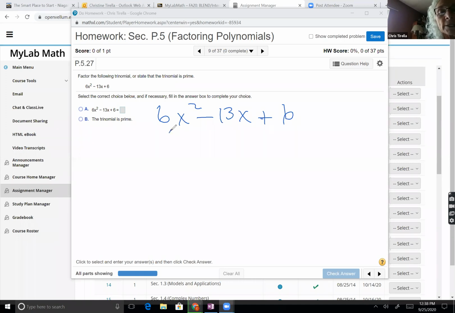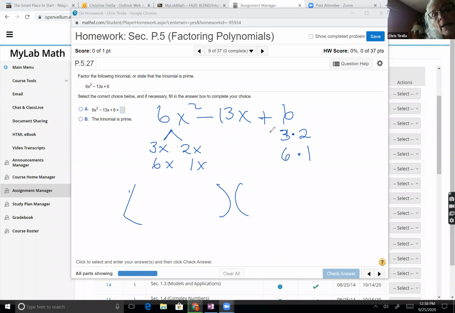So when I'm looking at 6x squared, I'm thinking that it's 3x times 2x or 6x times 1x. When I'm looking at the last term, 6, I'm thinking that it's 3 times 2 or 6 times 1. The next thing that I look for is my signs. Because this one's plus, I know that my signs will be the same, and I'll know that they're both minus.